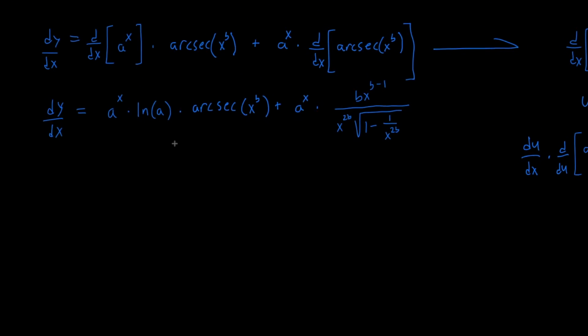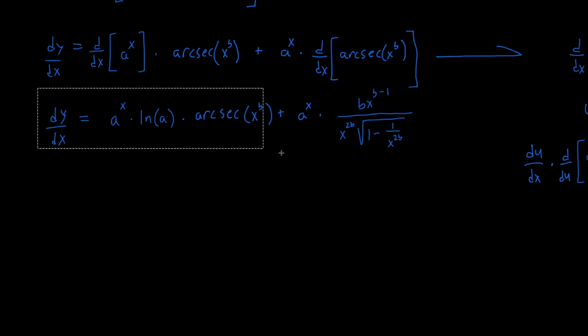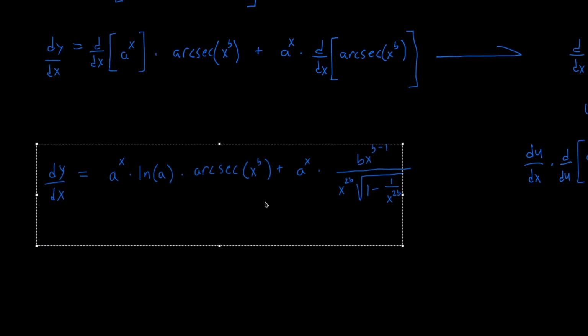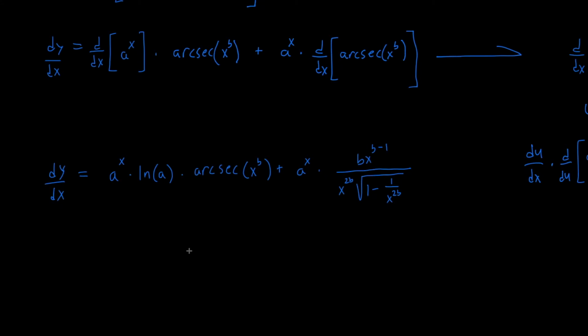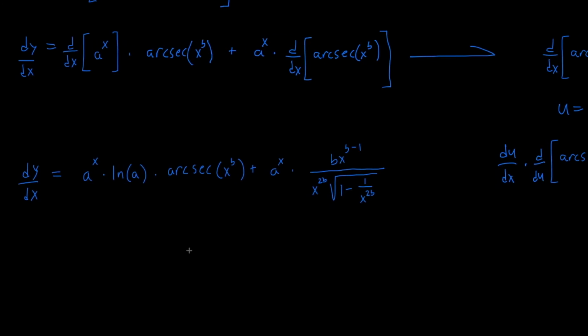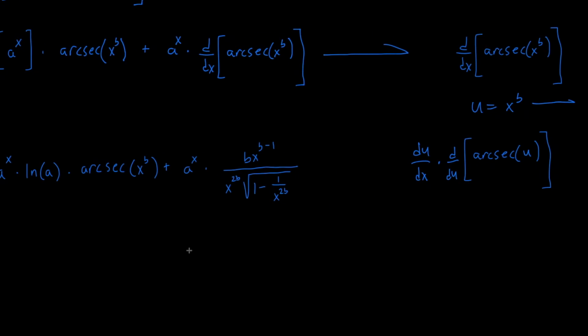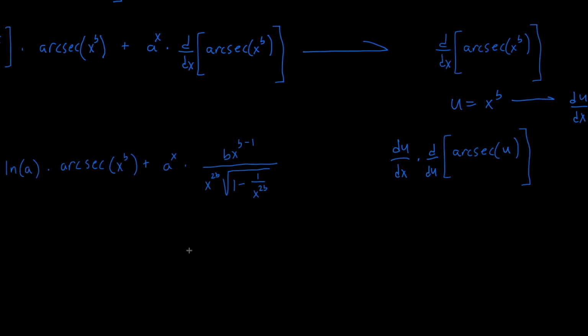And let's see what else we want to do with this function to clean it up. The left side is looking pretty good. Let's see if there's anything that we can cancel out on the right-hand side. Is there anything that we can do with x to the b minus 1 over x to the 2b?